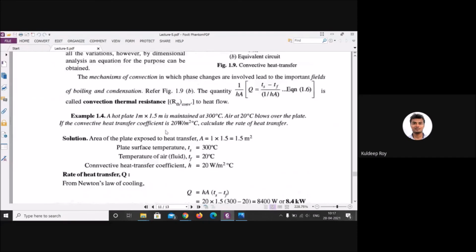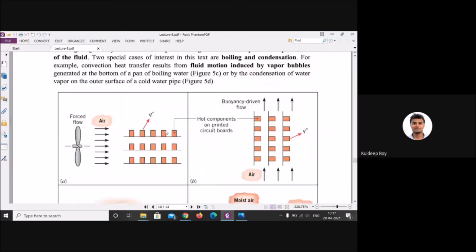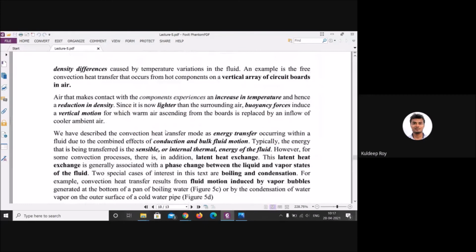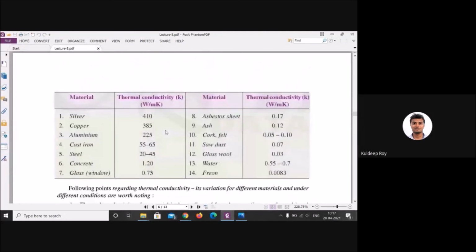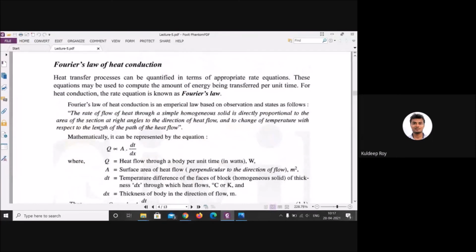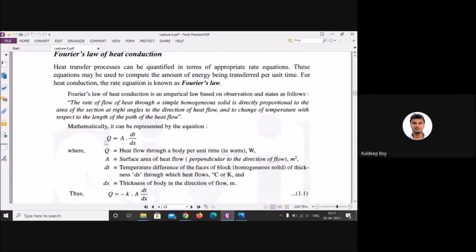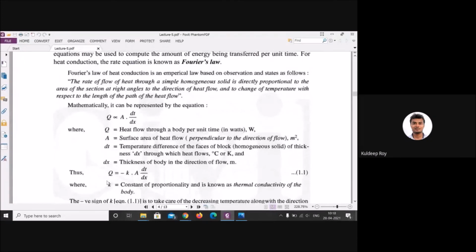Similarly, let me show you one thing: your Fourier's law of heat conduction is a little bit similar to Newton's law of viscosity. Here also you are applying mu del u by del x.